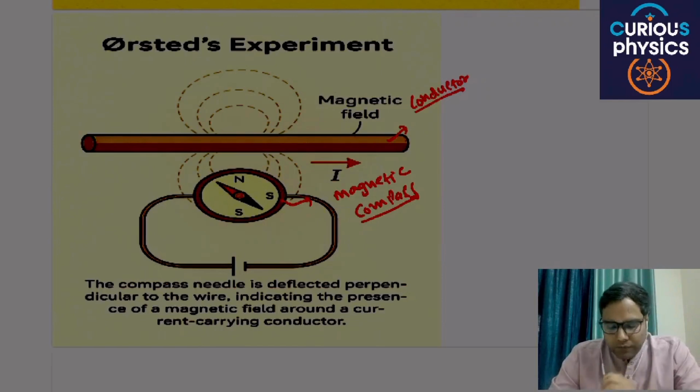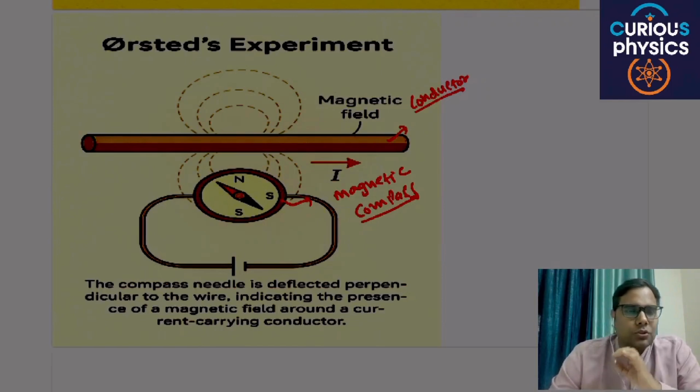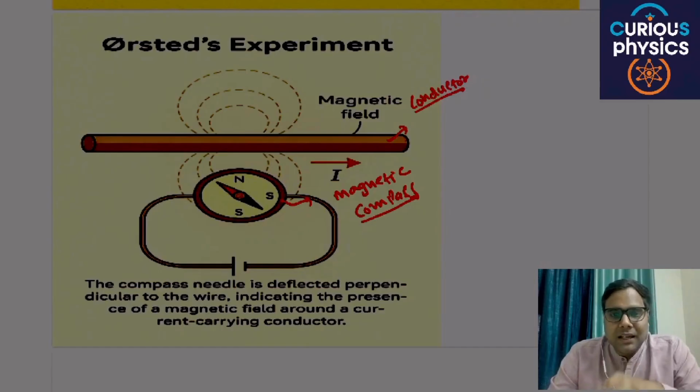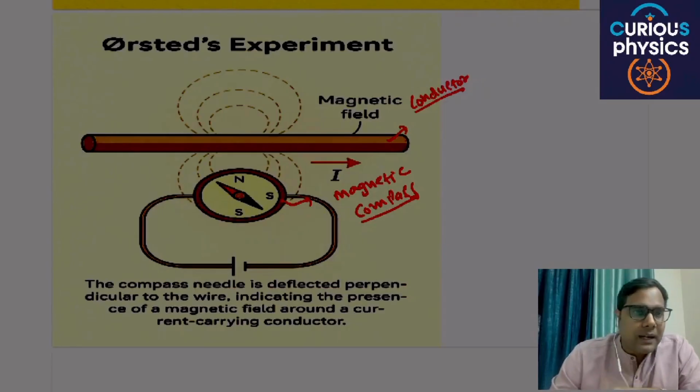When there is no current passing through this conductor, there is no deflection in the magnetic compass.